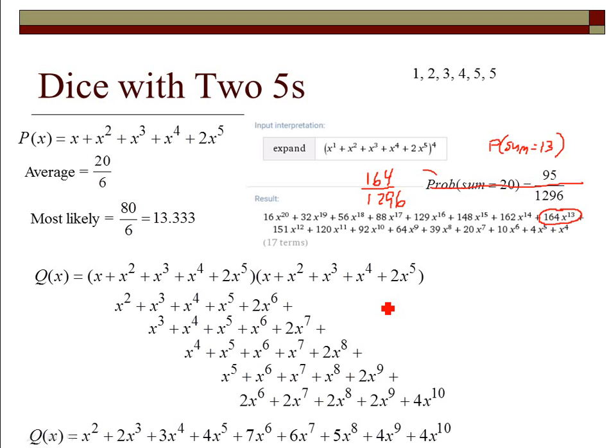Okay, so they asked you to do a couple different things, like what's Q of 1? Well, if I plug in 1, I'm going to get the total number of sums. There's 36 possibilities. They asked you about how much more likely the evens and the odds were. Well, all I've got to do is look at the even powers here, and those represent my even rolls.